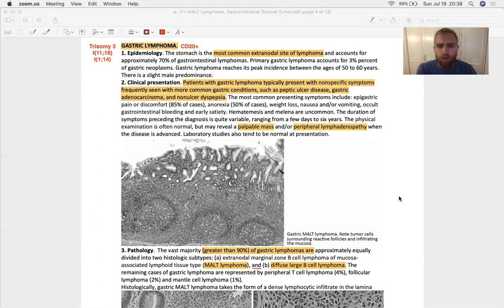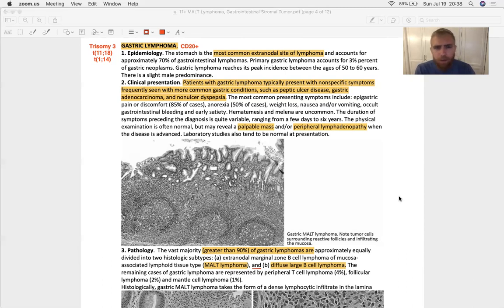Patients affected by a gastric MALToma will have maybe dyspepsia, epigastric pain, possibly associated peptic ulcer disease. You may even see a lymphoma alongside an adenocarcinoma. So be prepared for anything.